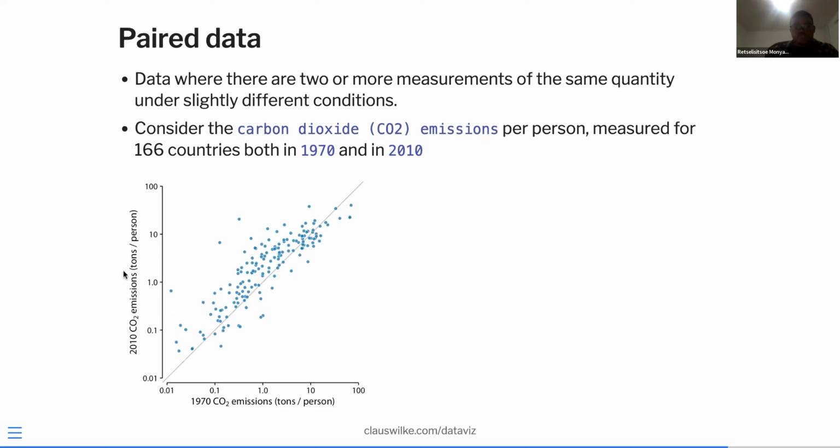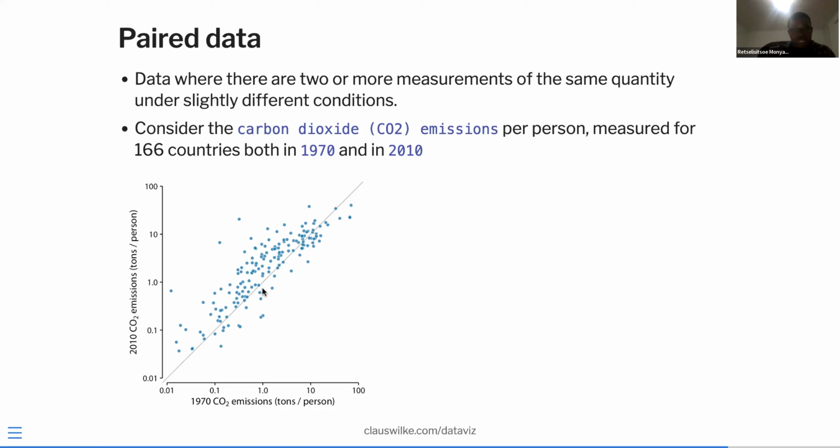So you've got one variable on the y-axis and the other on the x-axis, and this line here is basically where x equals y. The idea is that if there's no systematic relationship, then the points will lie symmetrically along this diagonal line where x equals y.